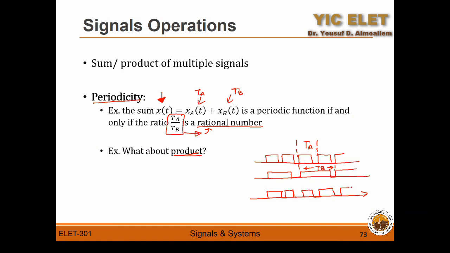So somehow it will repeat itself, but this would happen only if this condition is valid. Again, we have to consider that TA over TB is a rational number. Then the product will also be periodic for this given example.